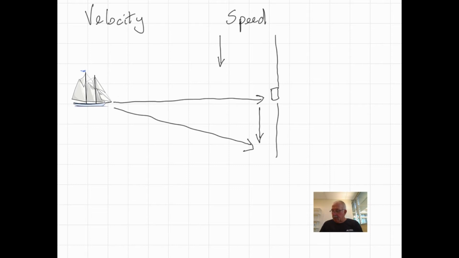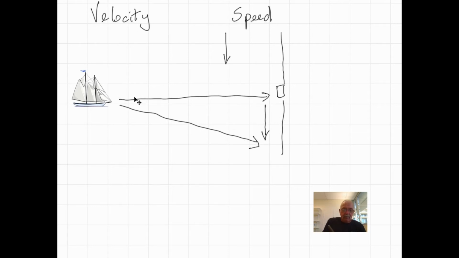Now, what we can then say is that this is the velocity of the boat, and we'll get my pen tool back here, and this is the velocity of the boat, and because we've used the word velocity, we're implying that it has magnitude and direction, and for the moment we'll say that it is relative to the current.